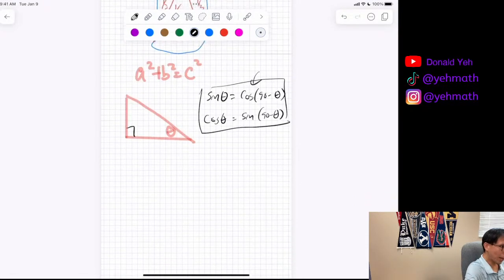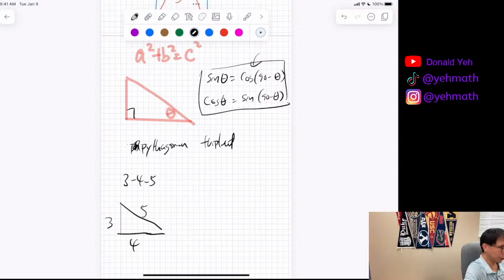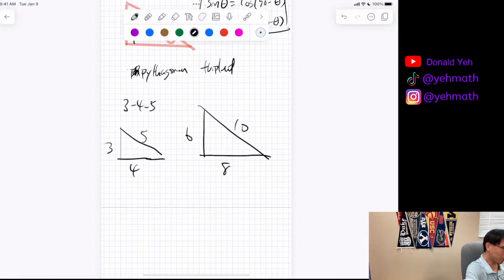Okay, Pythagorean triplets. 3, 4, 5 is very common on the SAT. The ratios of 3, 4, 5 work too, so you could have 6, 8, 10 or 9, 12, 15. 3, 4, 5 is the triangle you're going to encounter, and also 5, 12, 13 is on the ACT and SAT.